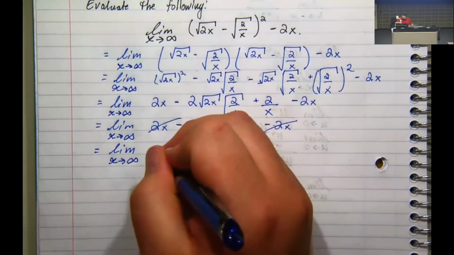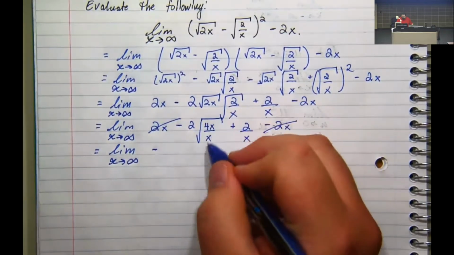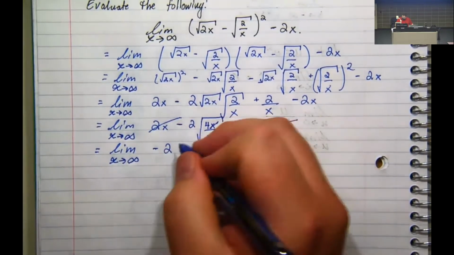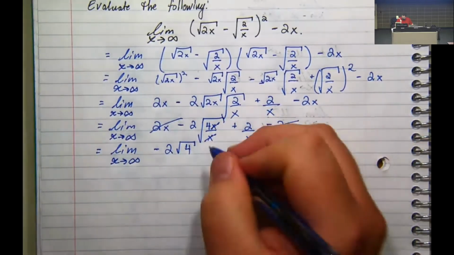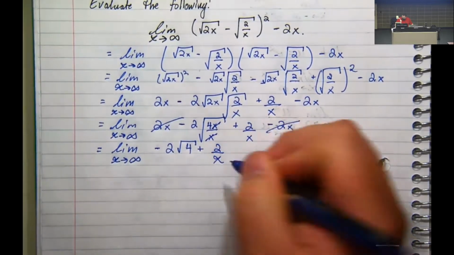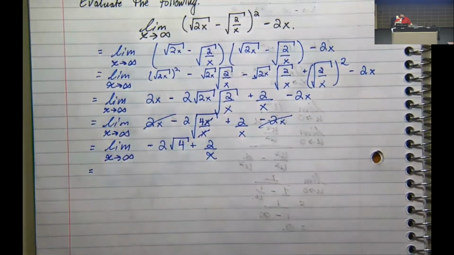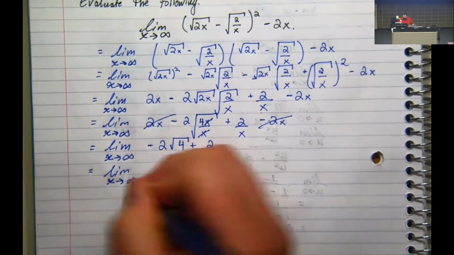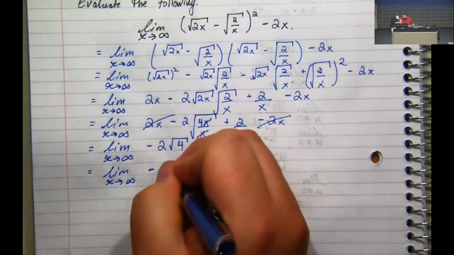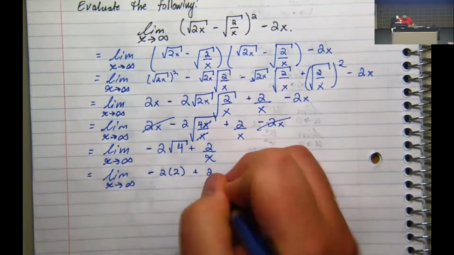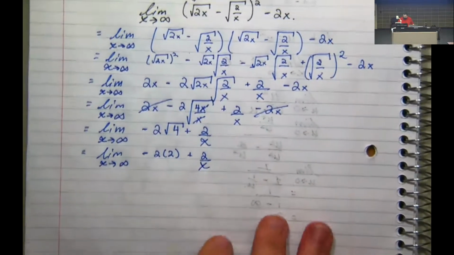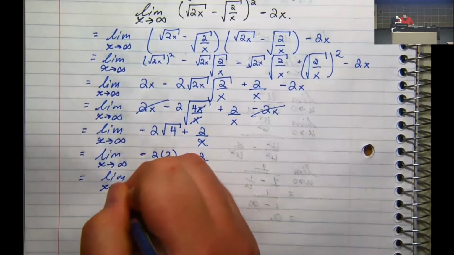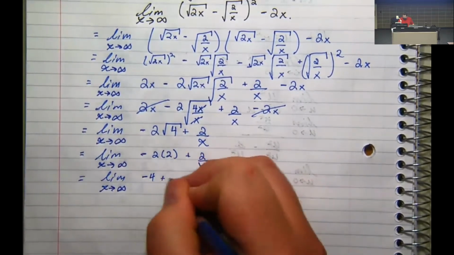So we have now minus 2, and these x's inside this square root also cross each other out. So it's minus 2 times root 4 plus 2 over x, equal to the limit as x goes to infinity of minus 2 times 2 plus 2 over x, and limit as x goes to infinity of minus 4 plus 2 over x.